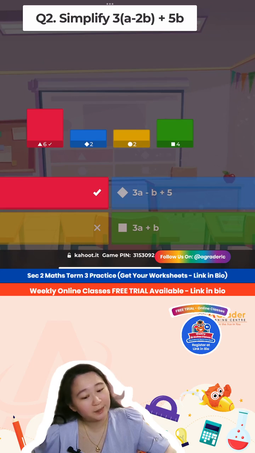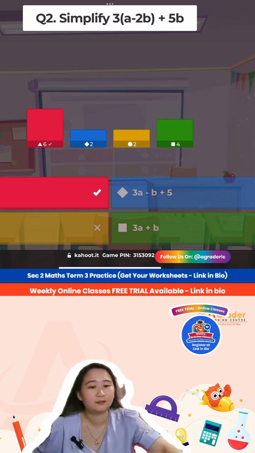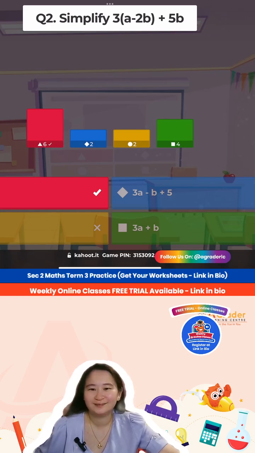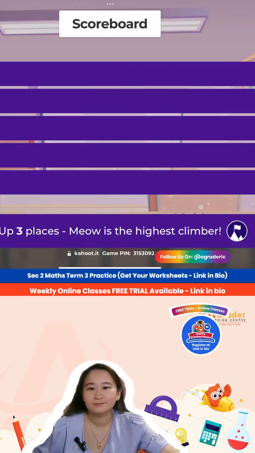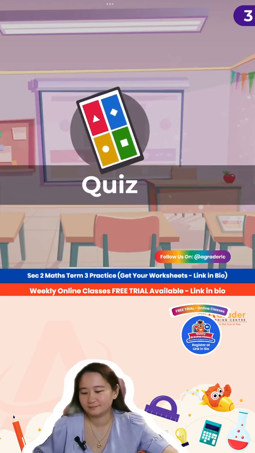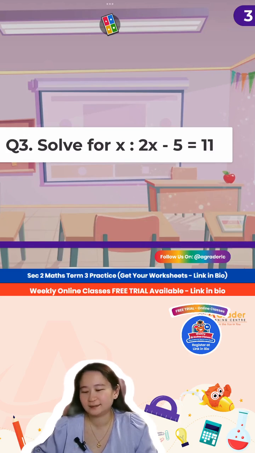So 3a minus 6b plus 5b, right? So the negative 6b plus 5b will give you a negative b instead of a positive b. This is Sec 2 math. Solve for x.